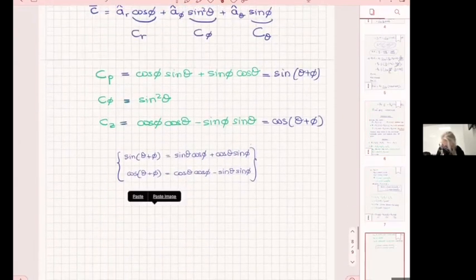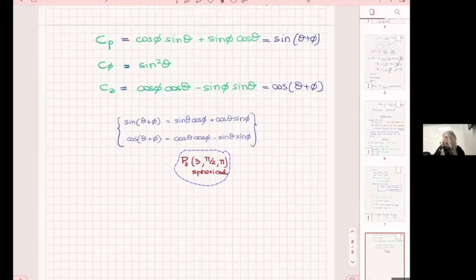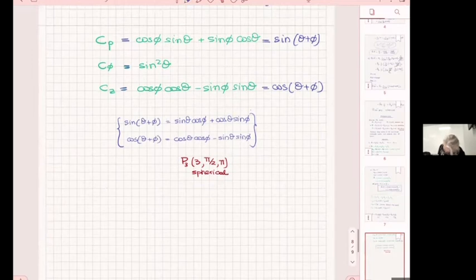Here. Paste. So we need to find vector C at point P3. So practically, I will substitute in there.